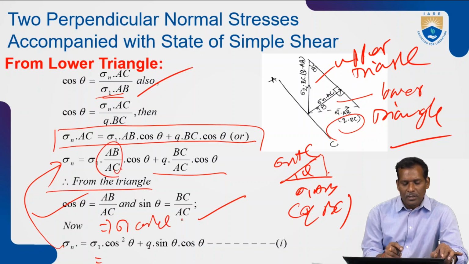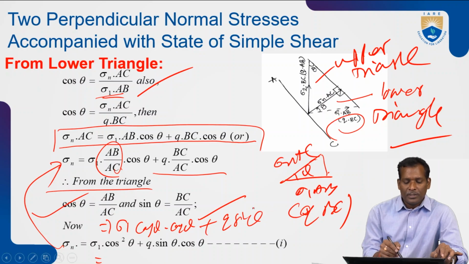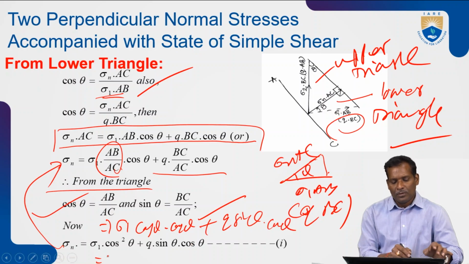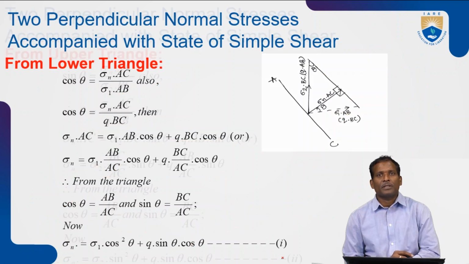So cos square theta, cos theta into cos theta, multiplied with cos theta plus Q sin theta. BC by AC is equal to sin theta. So Q sin theta into cos theta. So write like this equation.